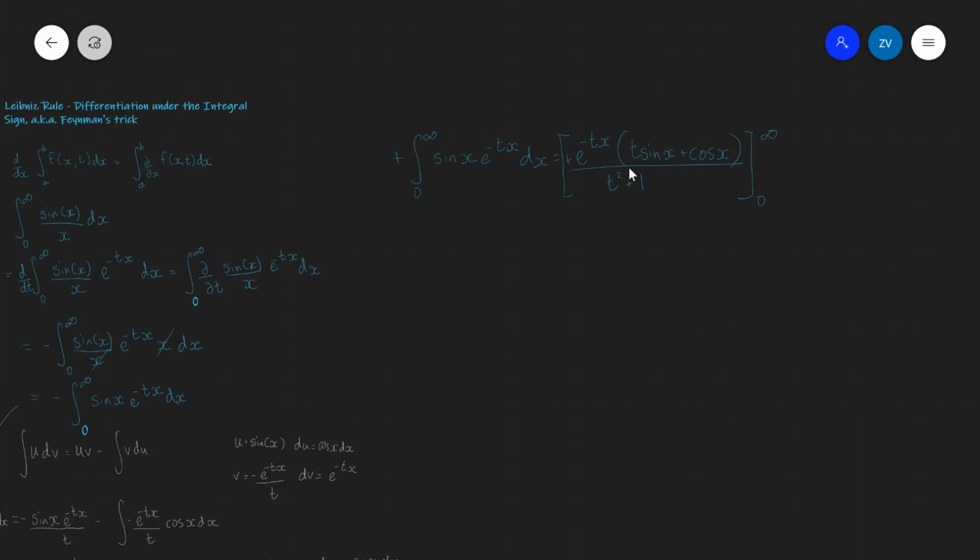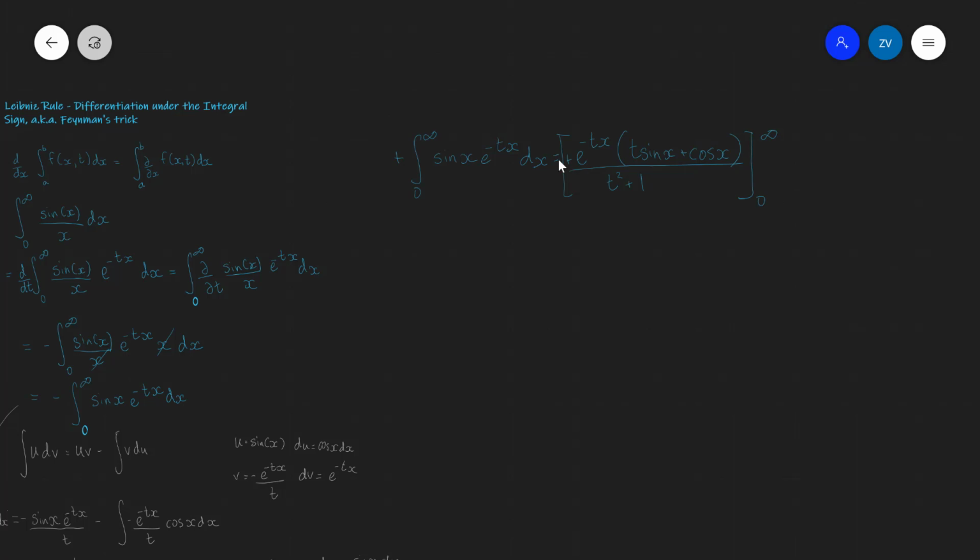Well, the dominating term in this expression is the exponential, which changes far more rapidly compared to sine of x, cosine of x, or t squared. Essentially, whatever happens to the exponential will dominate this expression.